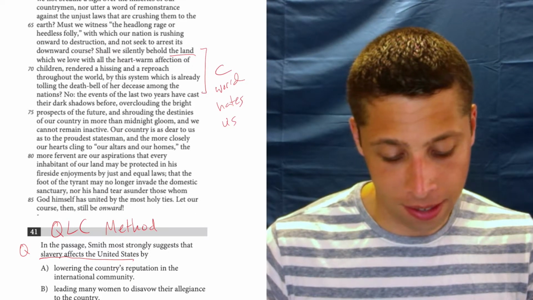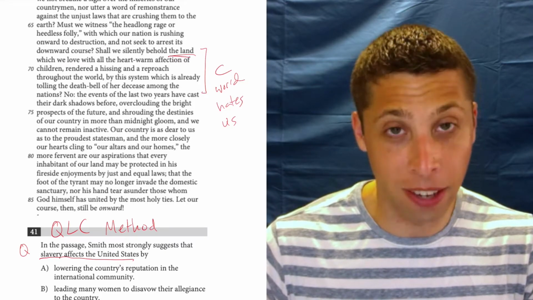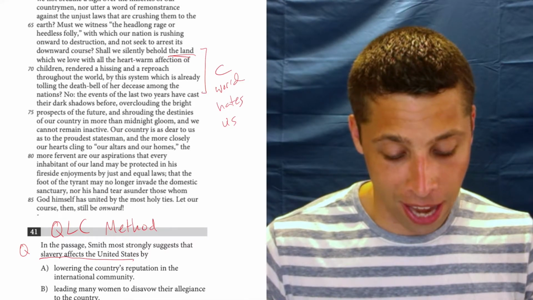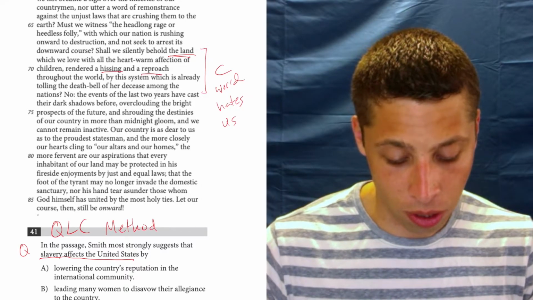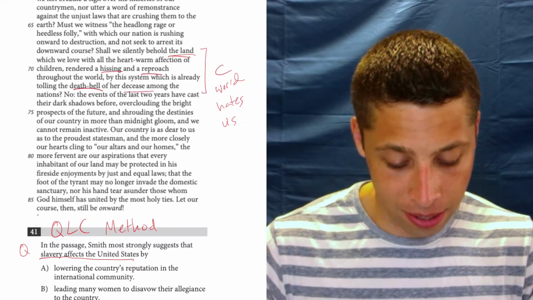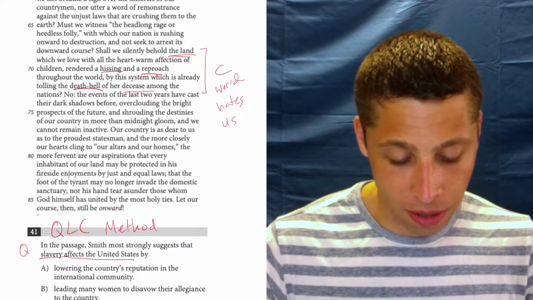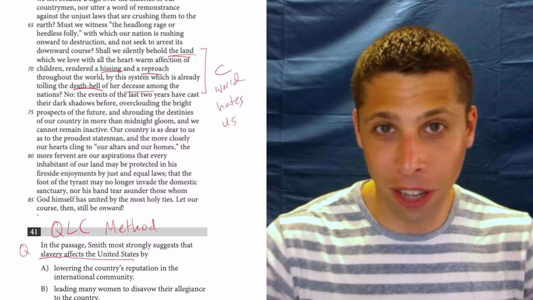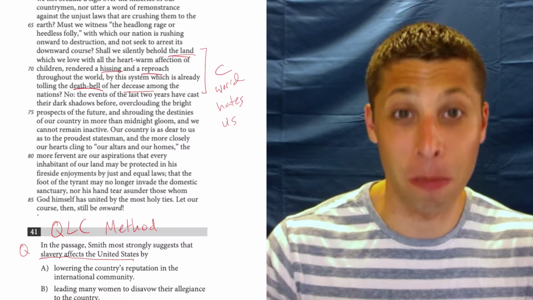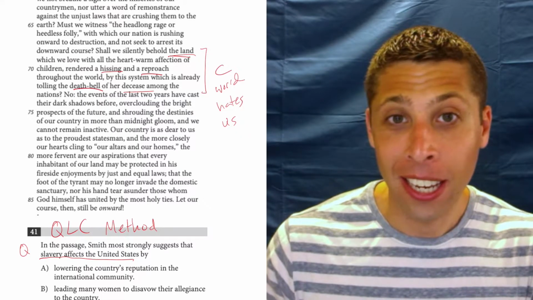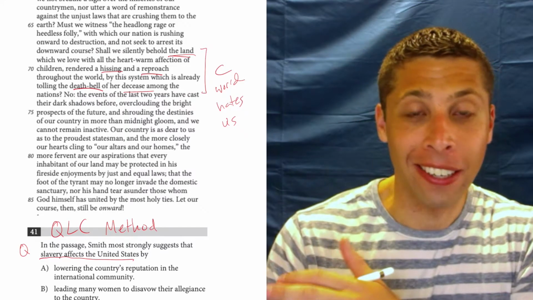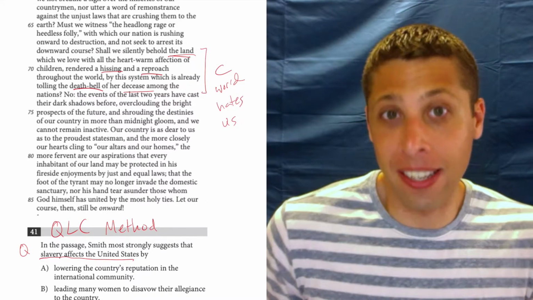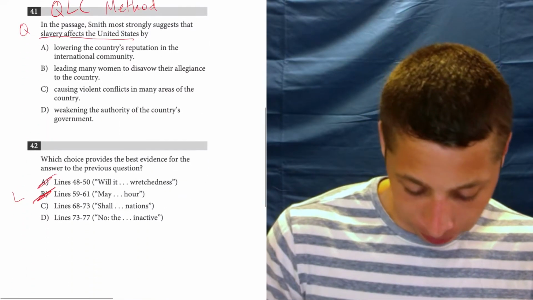It's clearly talking about the country, the United States, and then it's hissing, reproach, death bell, decrease. These are all negative words. You don't need to understand exactly what she's saying to know that this is bad for the United States, and it's the world that thinks it's bad, thinks we're bad, right? I mean, that is enough to get out of this. That's all we need for now.